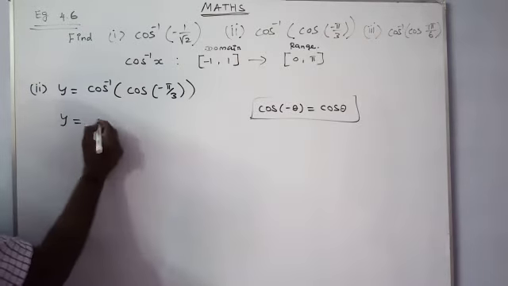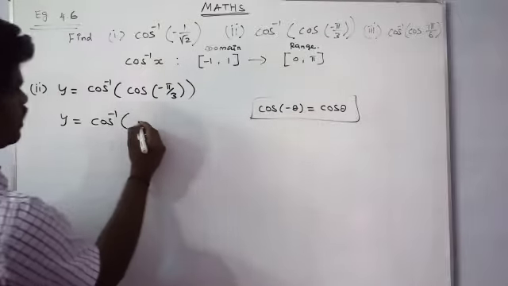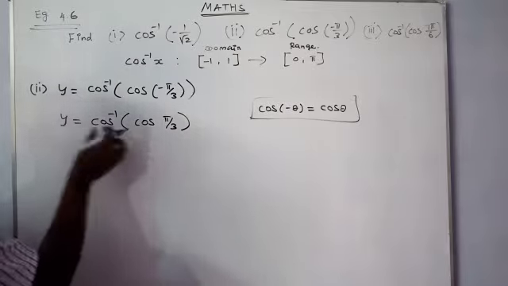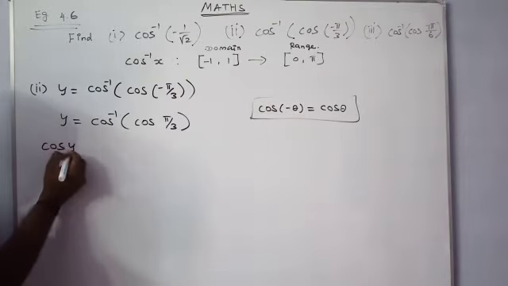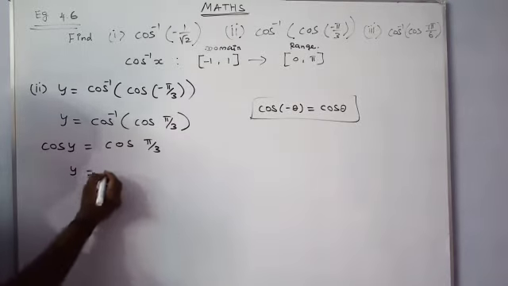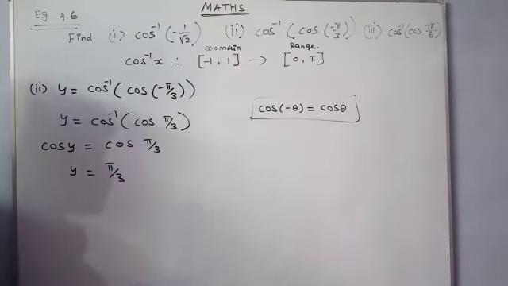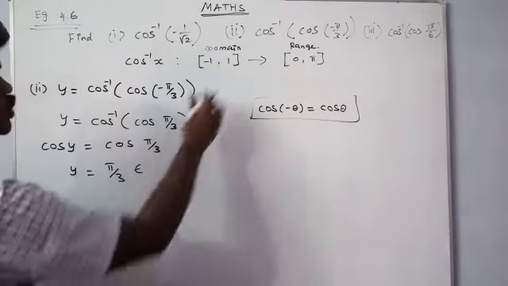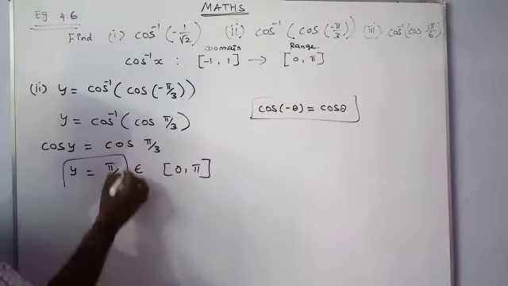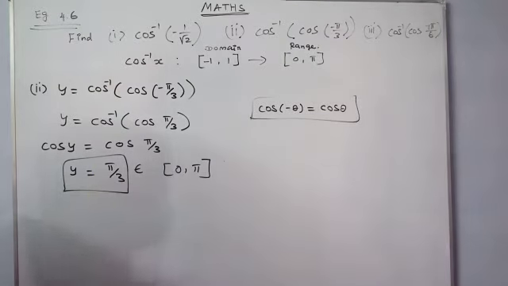So y equal to cos inverse of cos pi by 3. Take the cos inverse to this side: cos y is equal to cos pi by 3. Equating, since both sides are cos, y equal to pi by 3. Pi by 3 belongs to 0 to pi, the range of cos inverse x. So the value of y is equal to pi by 3.